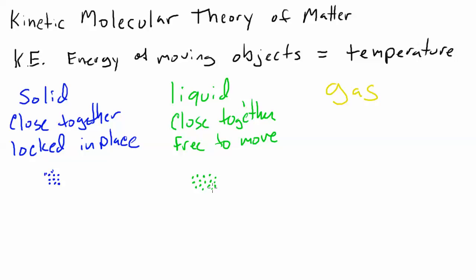So if this particle might be over here right now, but it might slide and move through all of these other particles, it's able to do that. This particle right here might move down through all of these particles, and it's free to do that. They're pretty much always going to be touching, but they're not locked in place like the solid particles. They're free to move around.